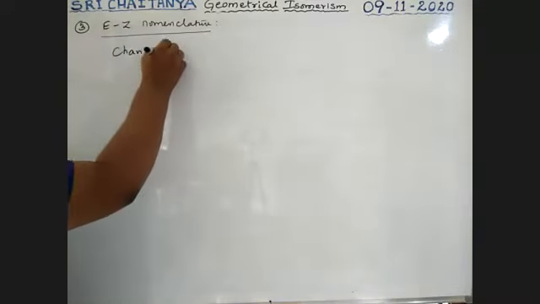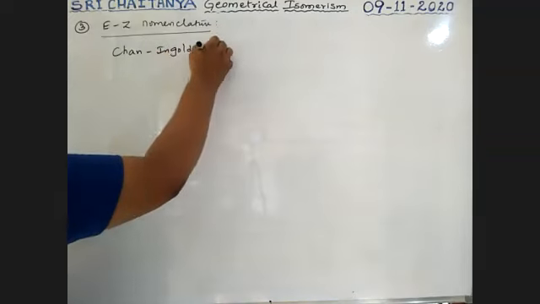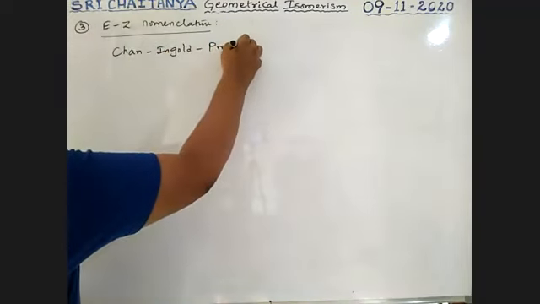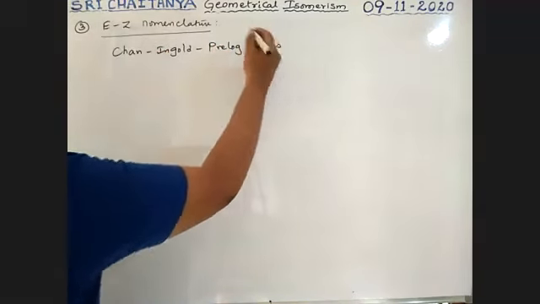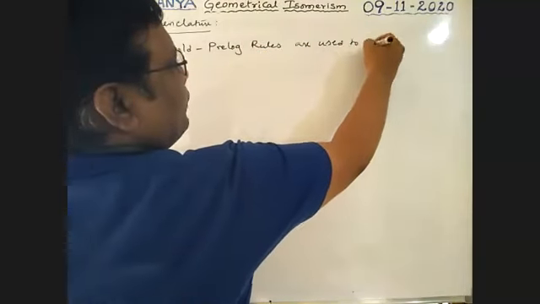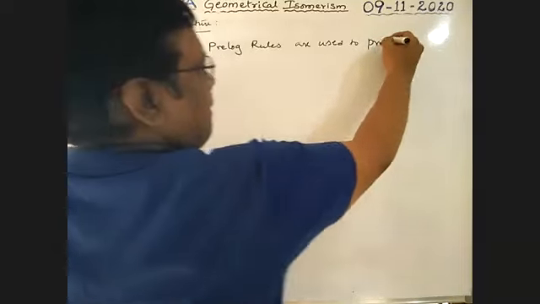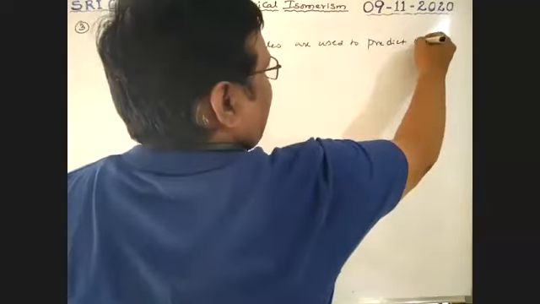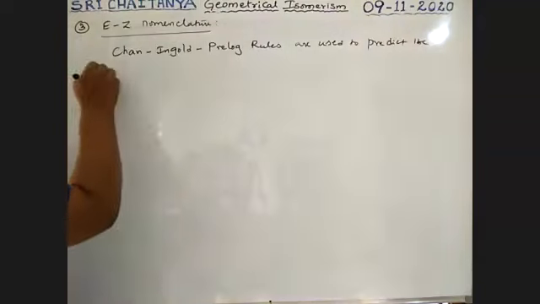Cahn-Ingold-Prelog rules are used to predict the priority of the groups.